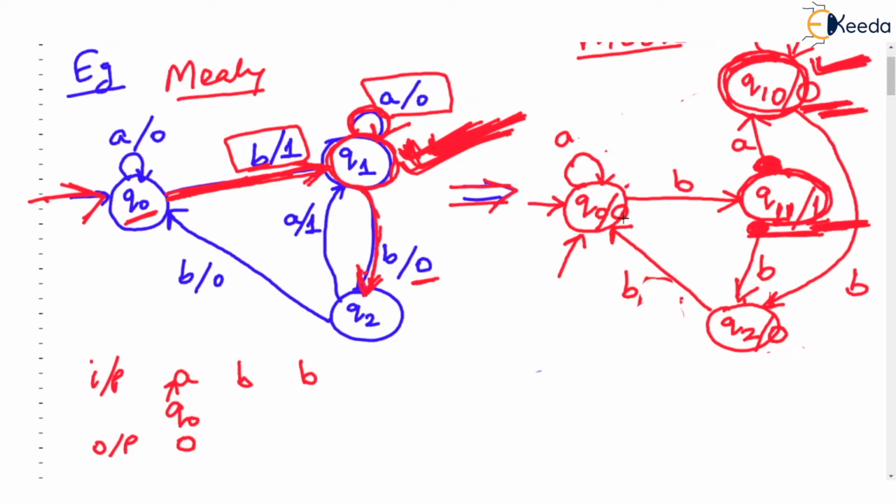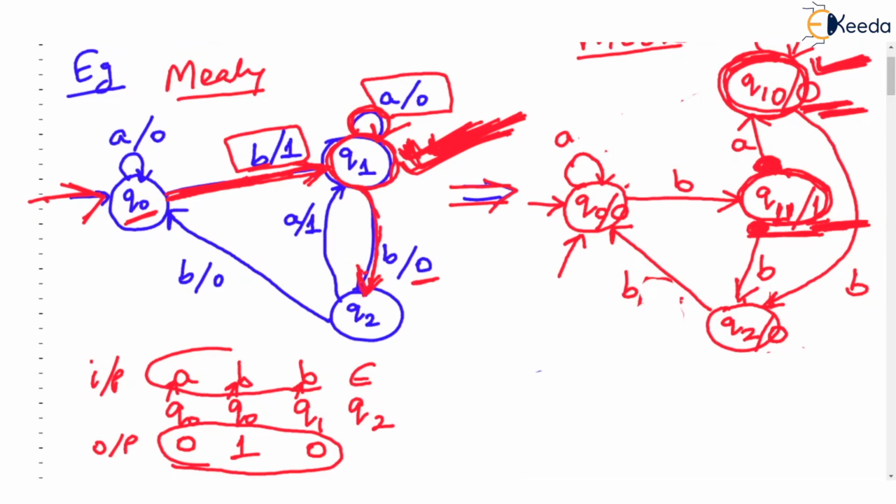Check the Mealy machine, it stays in Q0. Now Q0 reads B. On reading B, it outputs 1. That's written on the transition, but the machine lands in Q1. In Q1, when the machine reads B, it goes to Q2, but it outputs 0. And now that's it. We have epsilon, end of the input. So we have got the output 0, 1, 0 for the input A double B.